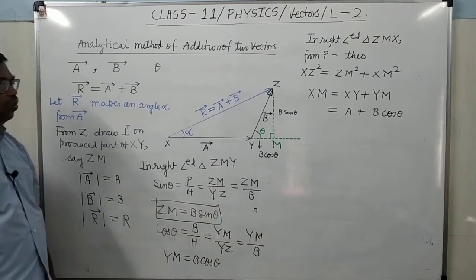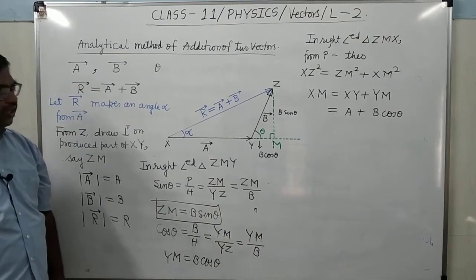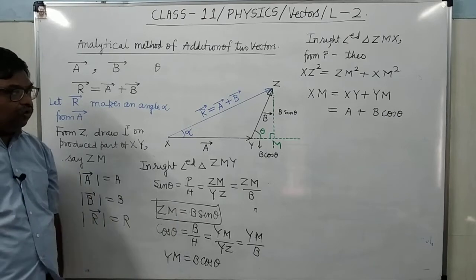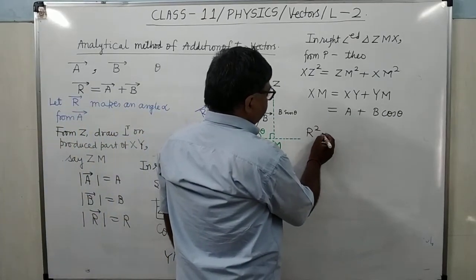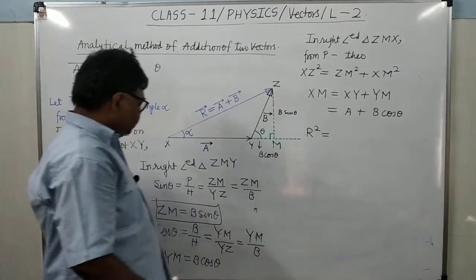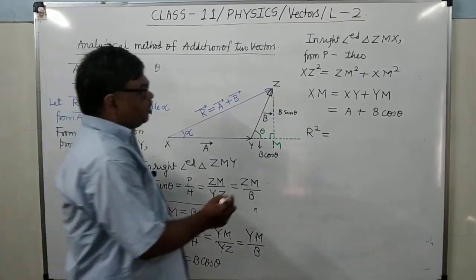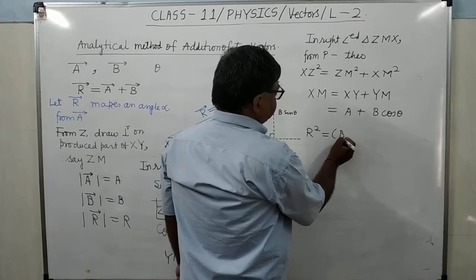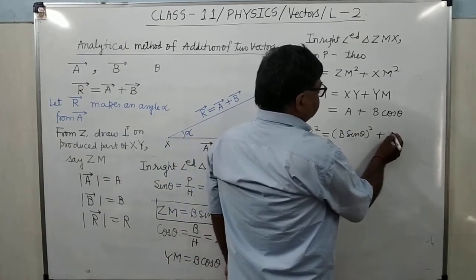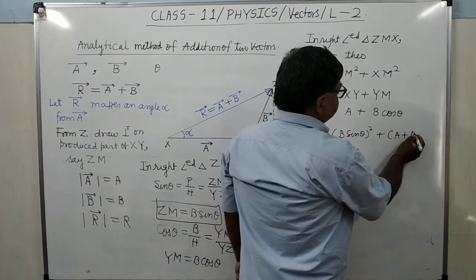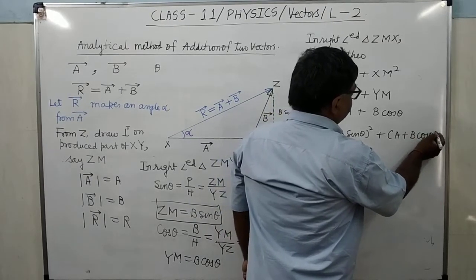XZ is equal to R and ZM, already you have found, is B sin theta. So you write down R square equals B sin theta whole square plus A plus B cos theta whole square.